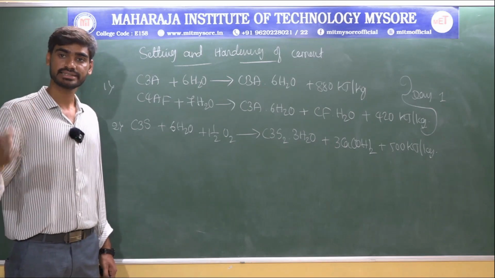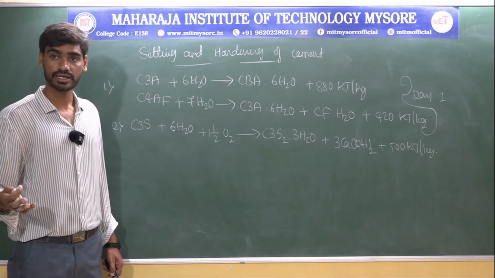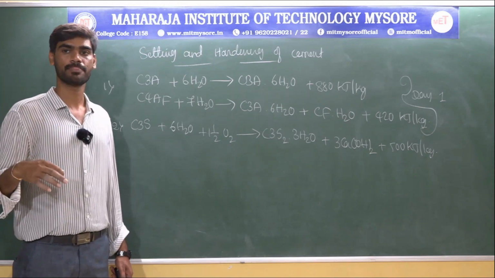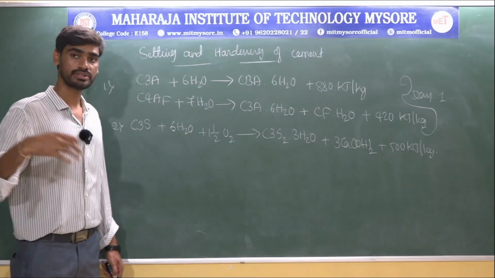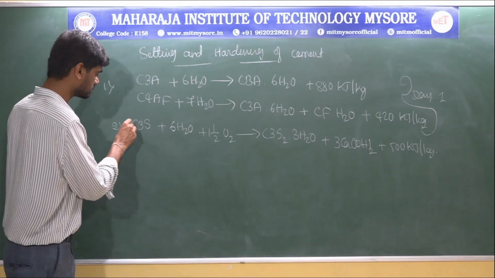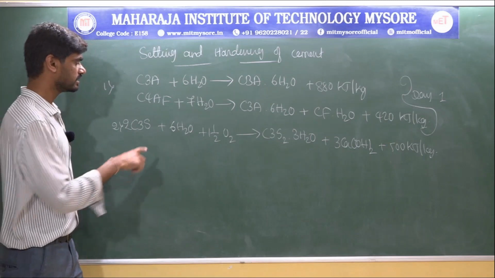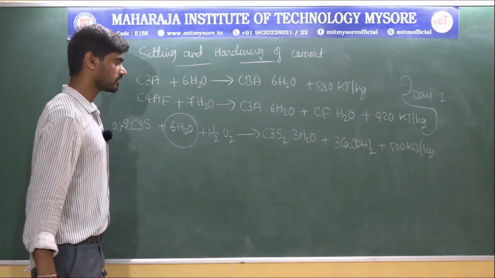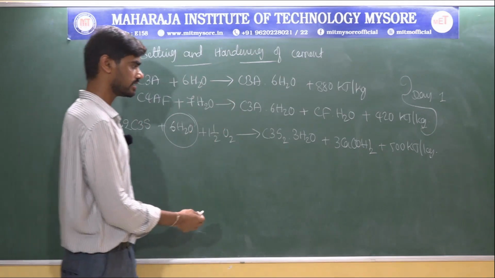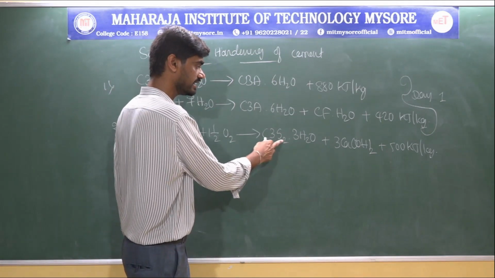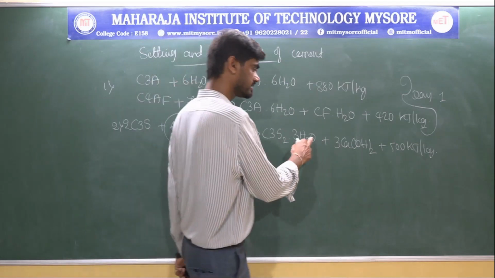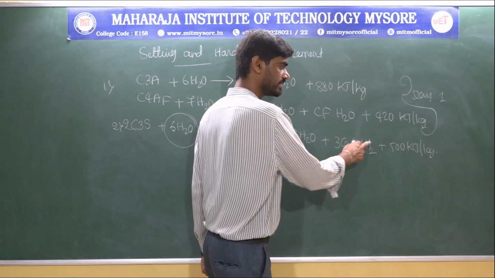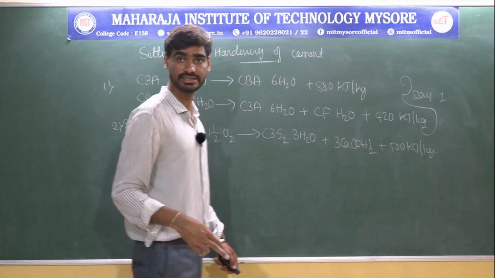So when it comes to the reactions involved, 2 moles of C3S, by consuming 6 moles of water in the presence of 1.5 O2, get hydrolyzed into C3S2. In addition to this, it also gives rise to 3 moles of calcium hydroxide and liberates about 500 kilojoules per kg heat energy.